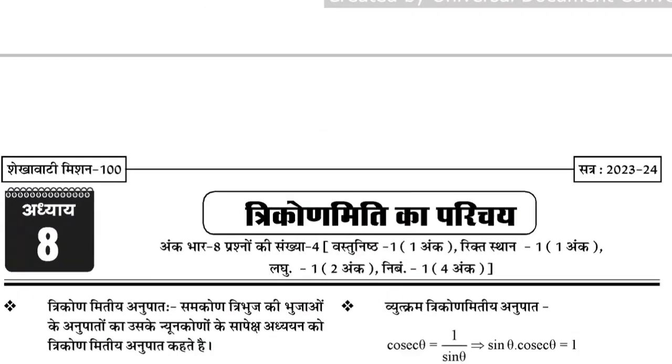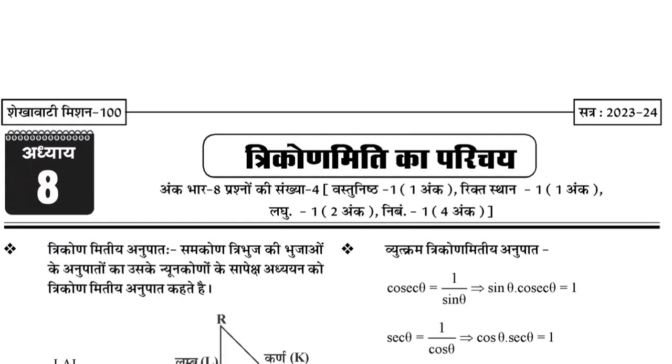The most important and probable topic is in the 8th chapter. The 8th chapter contains 8 marks and there are 4 questions: 1 objective type, 1 fill in the blanks, 1 short answer type, and 1 long answer type question that contains 4 marks.